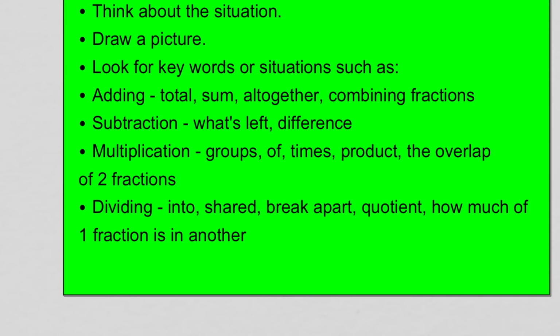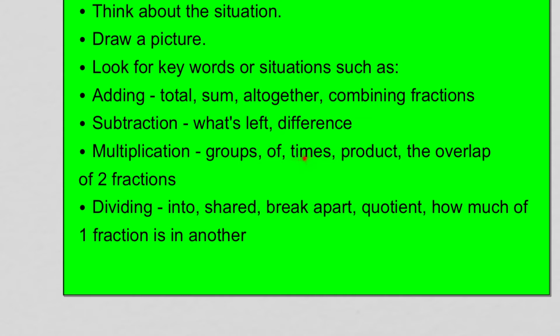So for adding, you'll look for words like total, sum, altogether, or combining, situations where you're combining fractions. For subtraction, you're going to look for words like what's left and difference, because with subtraction, you're taking something away from something. Multiplication, you're going to look for groups of things. You're going to look for of. We'll talk about that in a second.